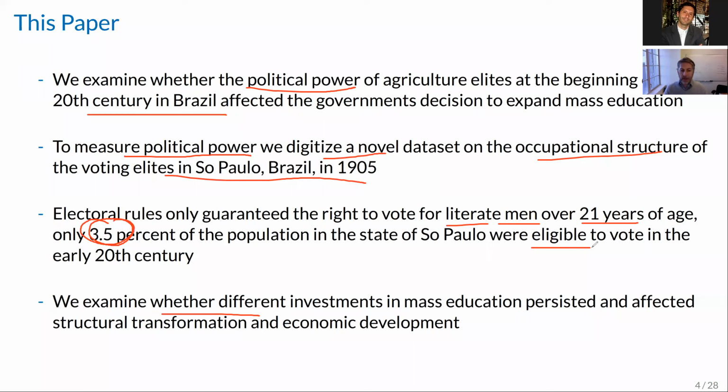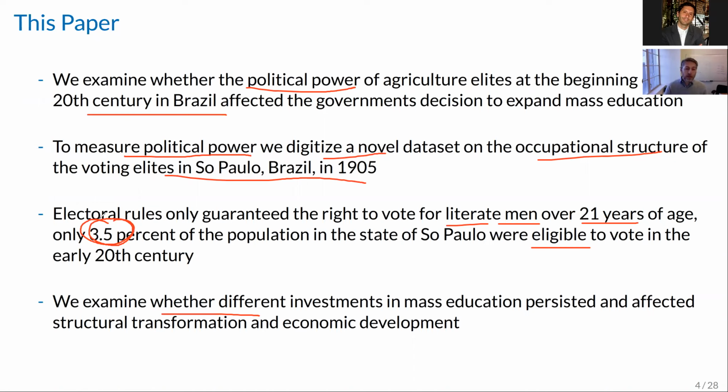By the way, let me make a small parenthesis here that maybe is not important for the paper, but is important for the context as a whole. This restriction on literacy to vote in Brazil goes all the way until 1985. So if I remember correctly, Brazil was, if not the last, among the last countries in the world to actually abolish literacy requirements to vote, okay?